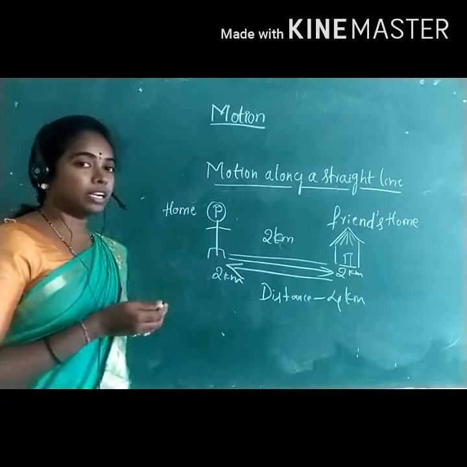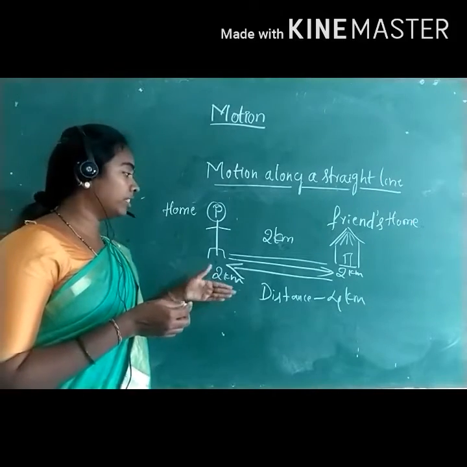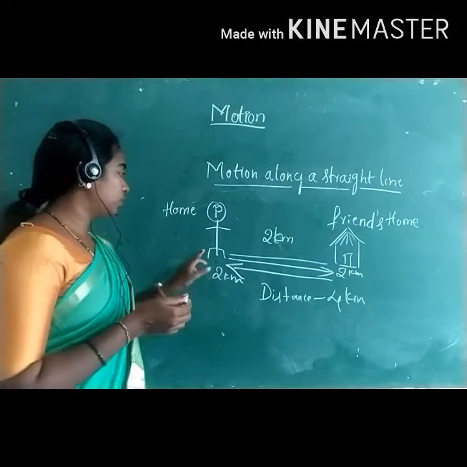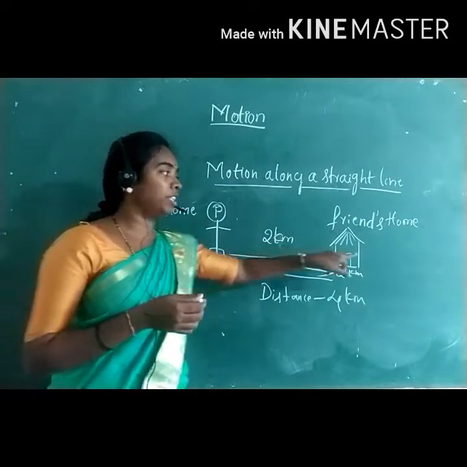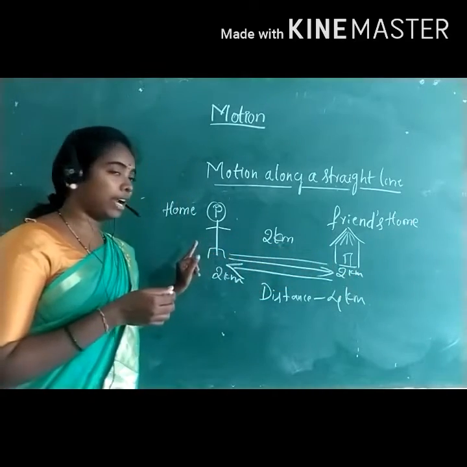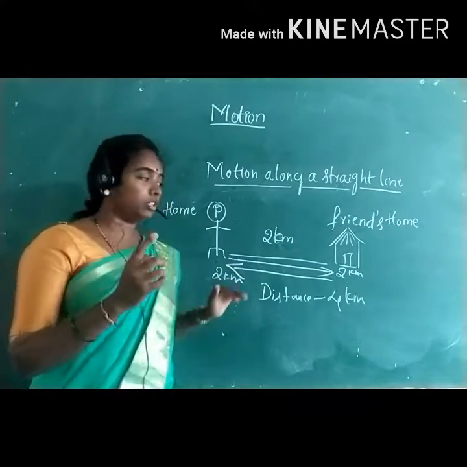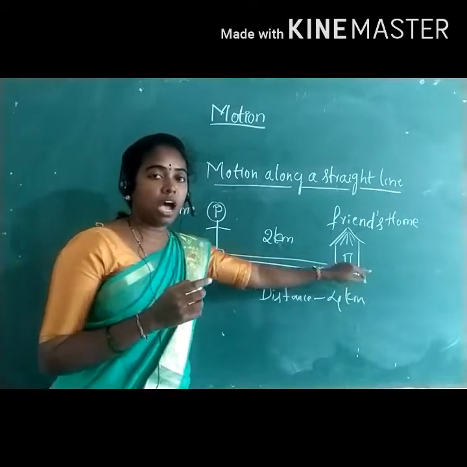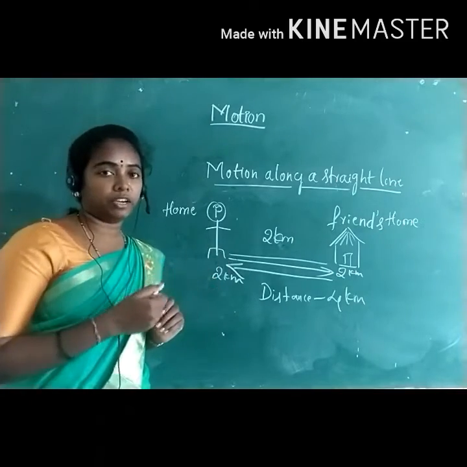Now let us get an idea about displacement. What is displacement? How is it different from distance? Here he started his journey from home, reached his friend's home after traveling 2 kilometers, and returned back to his home. He is traveling in two directions, one rightwards, the other leftwards, so he is traveling in opposite directions.